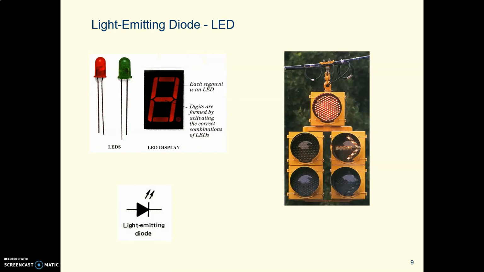And what happens here is if electrons and holes come together, and they do in these diodes, when they come together, they will give off a photon. A photon is a light particle. And so these diodes, with the holes and the electrons coming together, emit light particles. So they're LEDs.